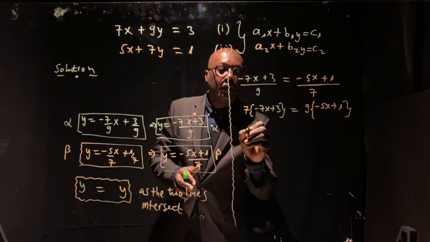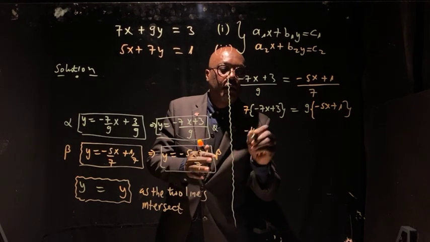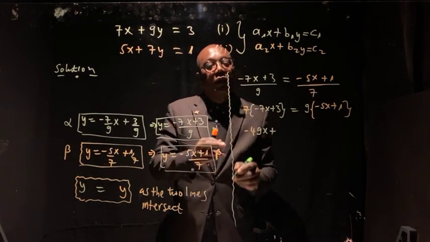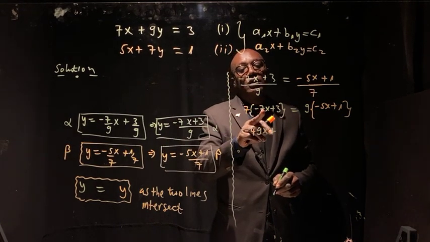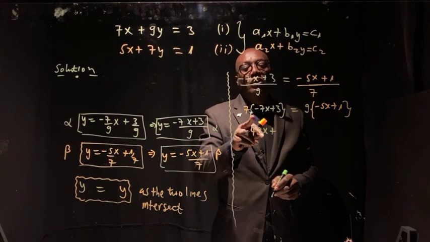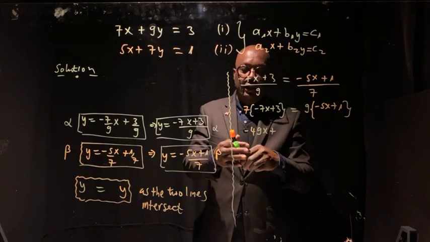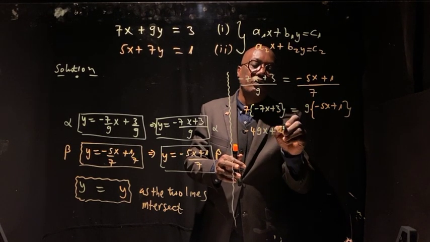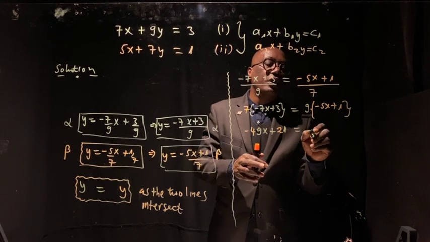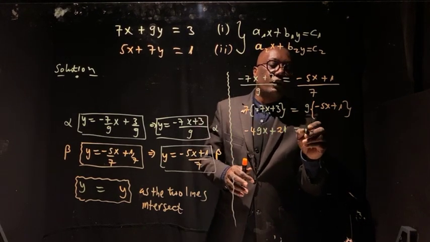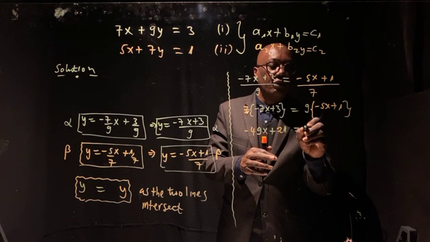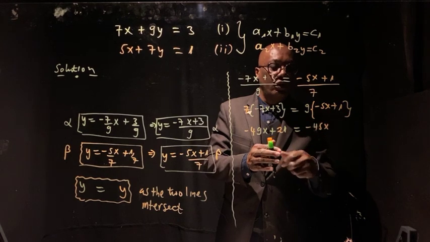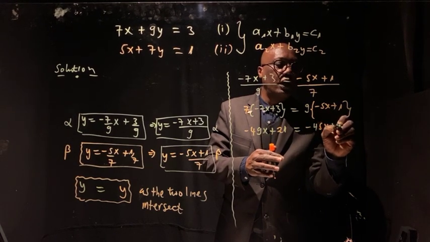So you have here minus 49x plus, this is 7 multiplied to minus 7x is minus 49x. 7 multiplied to 3 will be plus 21. Then equal. Then 9 multiplied to minus 5x, you have a minus 45x. 9 multiplied to 1, you have plus 9.